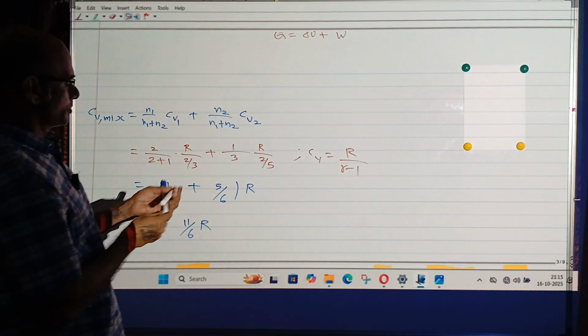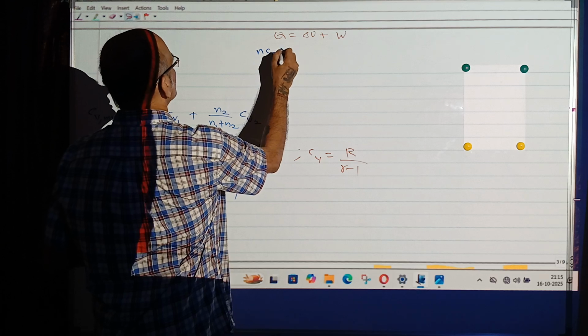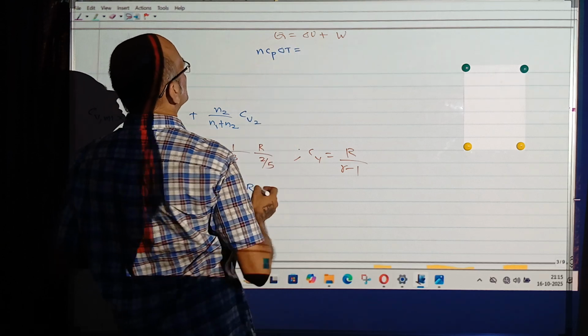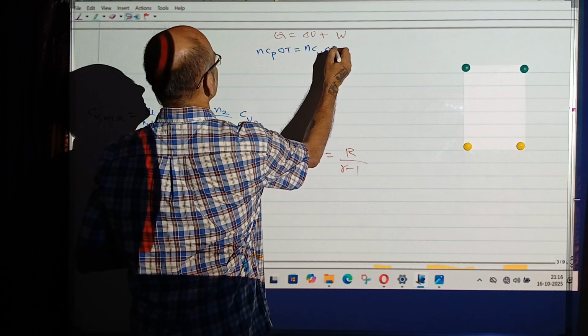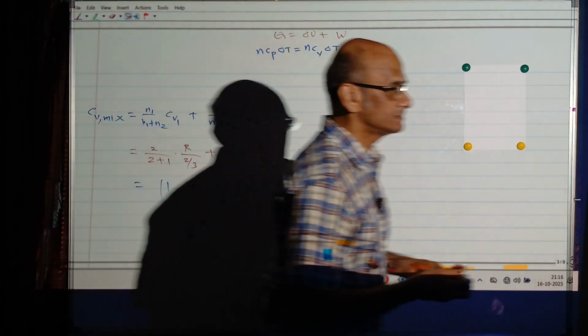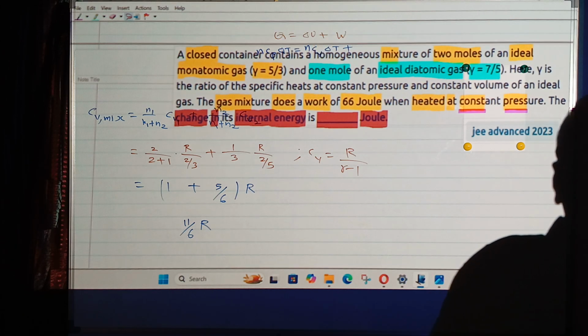So it's a constant pressure process. So Q can be written as N Cp delta T. And change in internal energy is N Cv delta T. And the work done is being given as 66 joules.